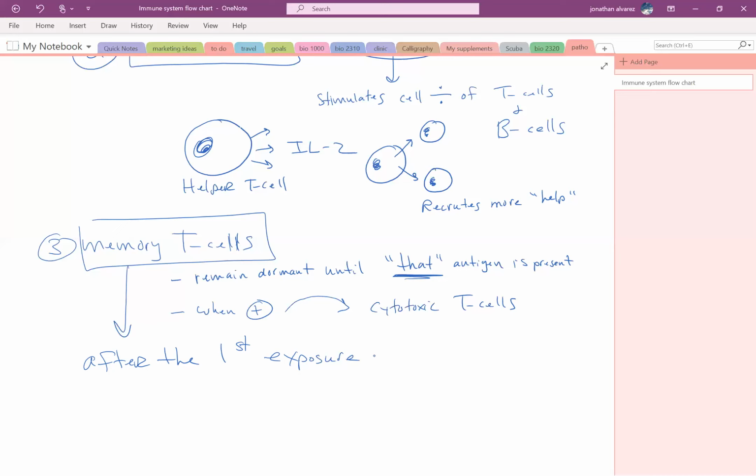Our body is constantly, every millisecond of every single day, fighting the bad guys and you don't even know it. Now, the only time you do know it is when enough stuff has been recruited to promote inflammation and promote the fever and the aches and the chills and all that stuff, which we'll actually look at in a little bit. Okay, what causes that?